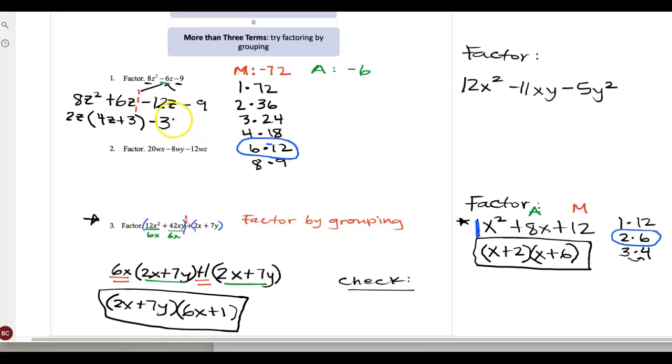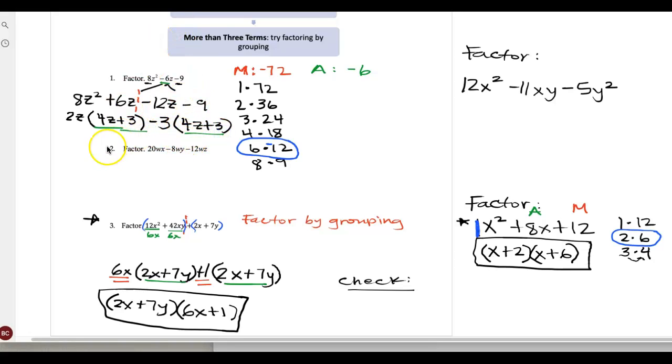It's kind of like we have 2 different problems in one, and if our leading coefficient is negative, we always want to factor that negative out because it makes the rest of our factoring a lot easier. So when I do that, I'm left with 4z plus 3. And if I hadn't taken the negative out with it, I would have had negative 4z minus 3. And then those guys wouldn't match. These 2, remember, need to match each other.